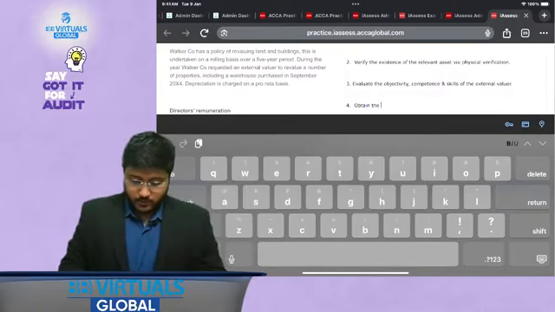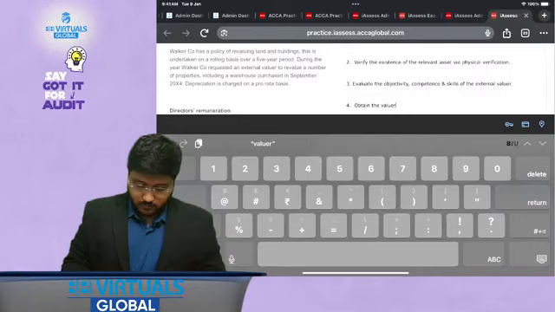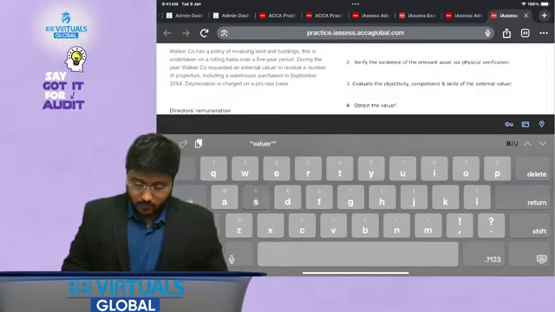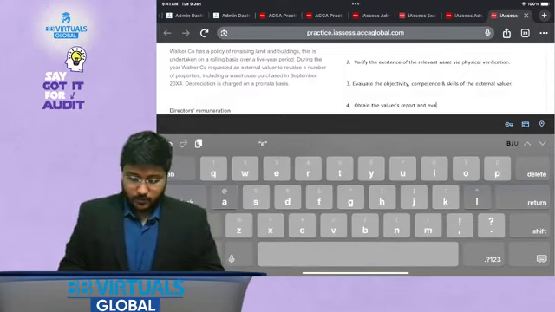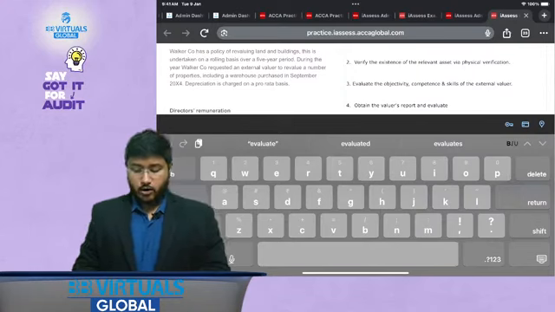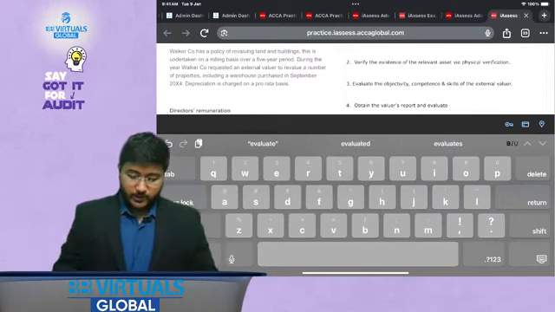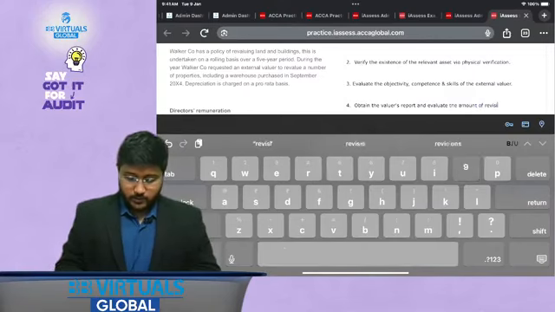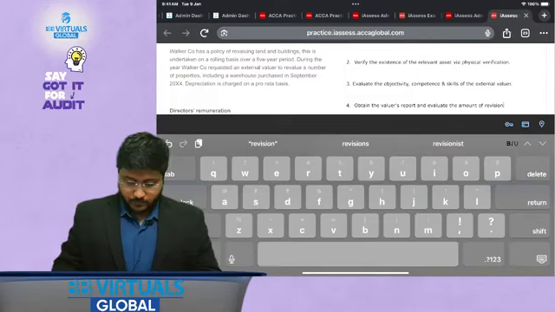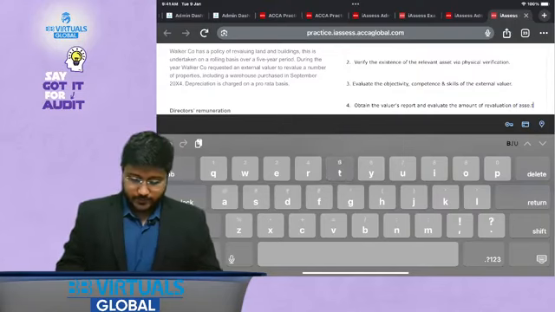Obtain the valuer's report and evaluate the amount of the revaluation of the asset.